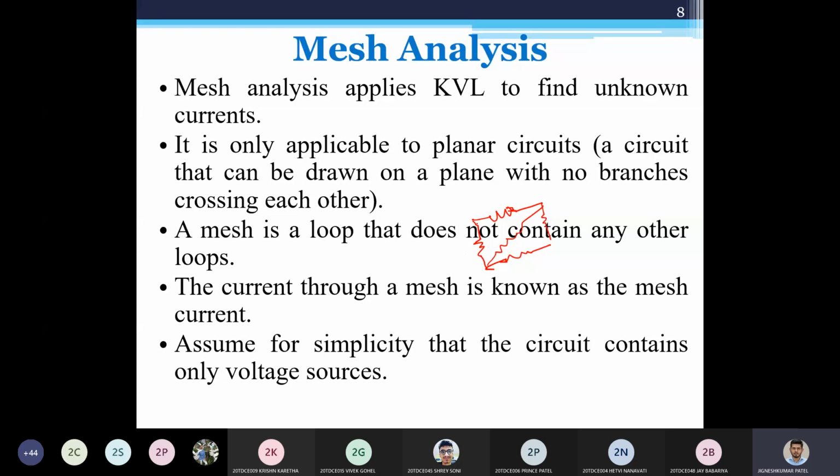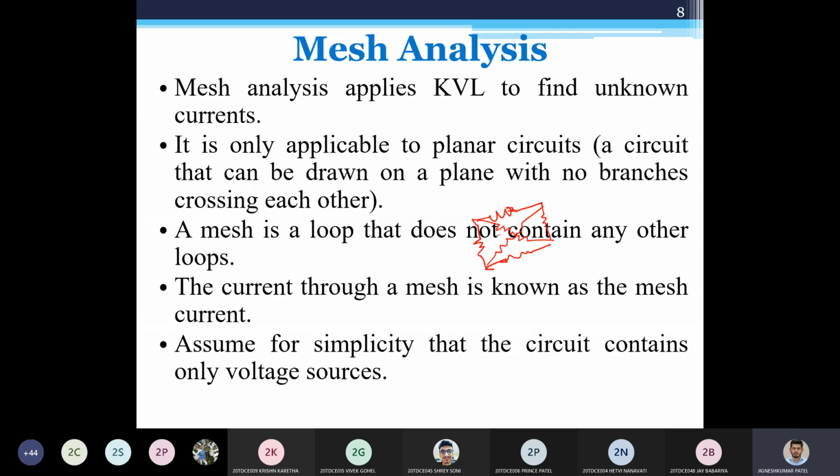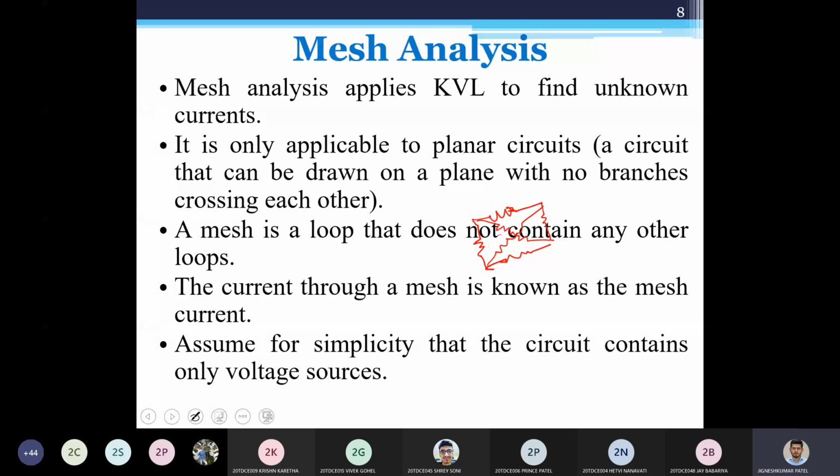But if my resistors are overlapping like this, two resistors crossing each other without any connection in between, then this is not a planar circuit. I have to convert this into a planar circuit. So what I can do in this case is, this pointer is a little bit difficult to operate today.